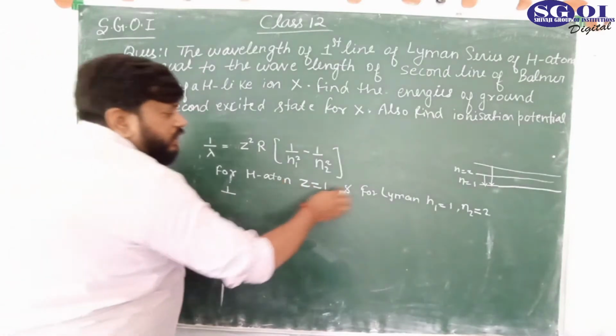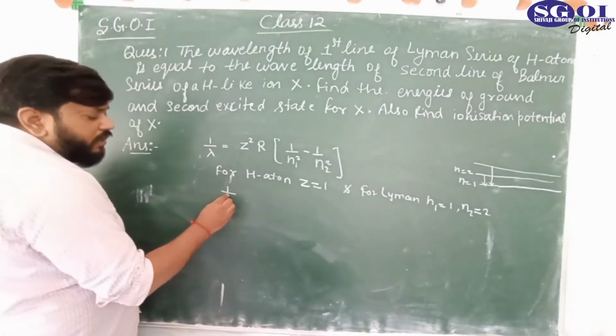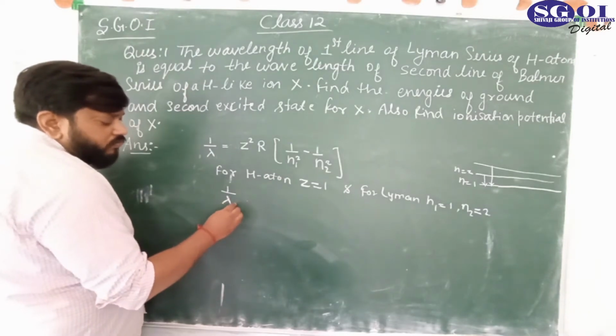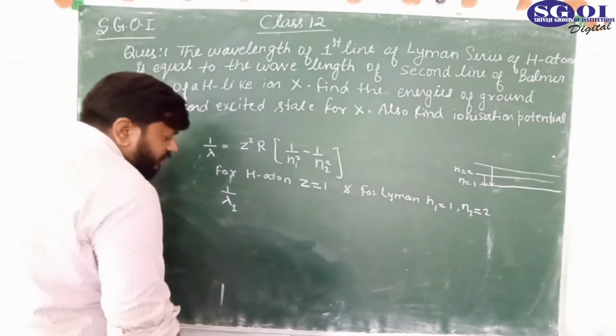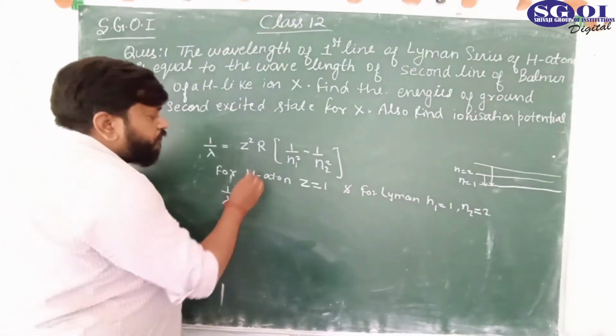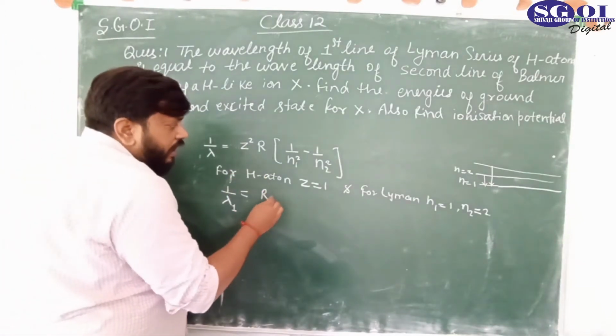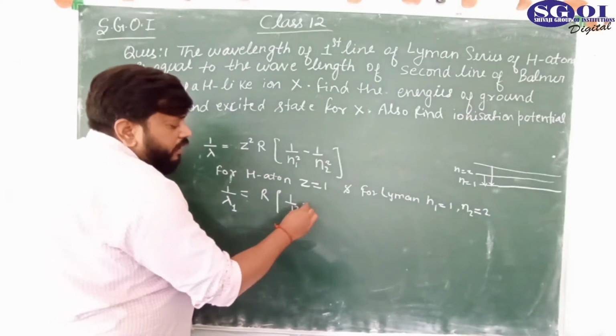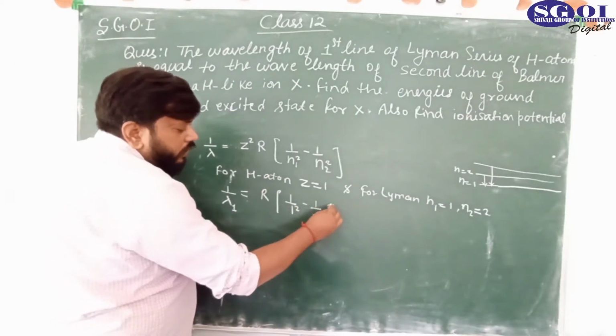So put these values in this equation. For the first line of Lyman, 1 by lambda 1 equal to Z square R, 1 by 1 square minus 1 by 2 square, with Z equal to 1.